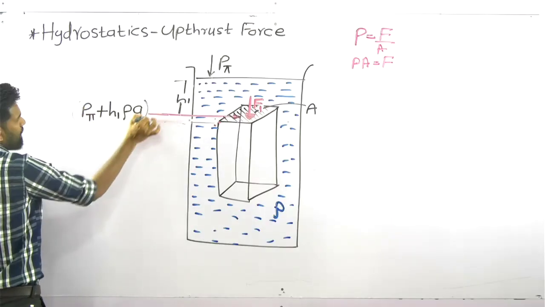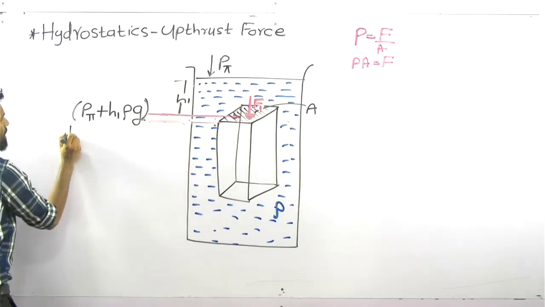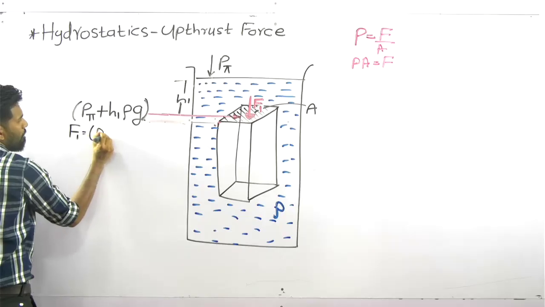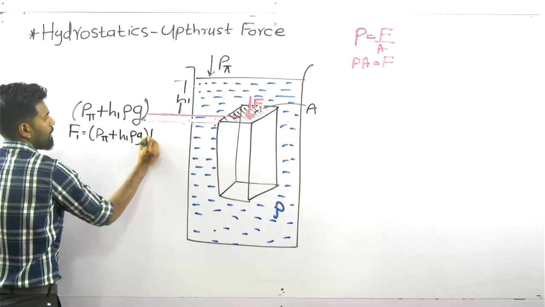So the force F1 is equal to pressure times area: F1 = (P0 + h1 rho g) times A.